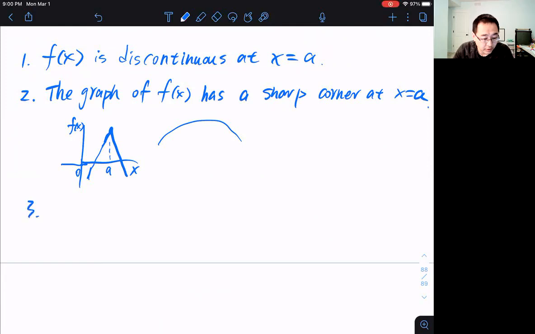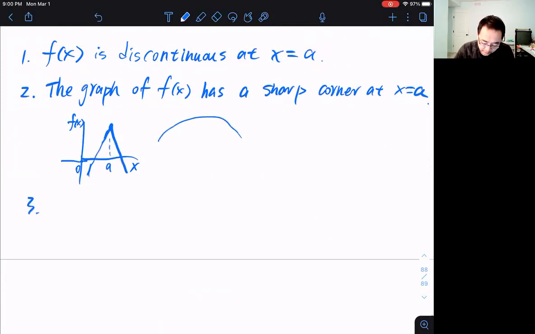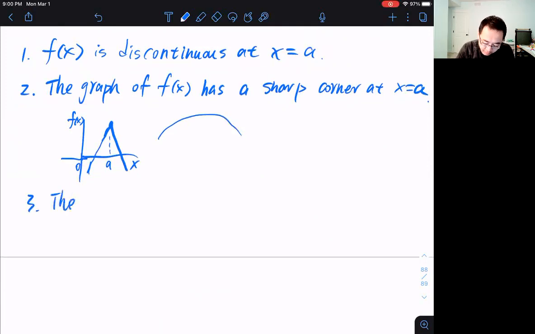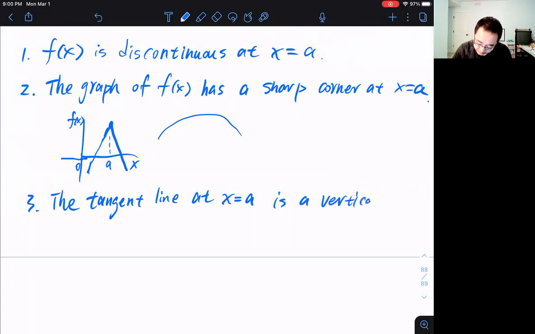Another possibility is if the tangent line, remember the derivative is really the slope of your tangent line at point x, at x equals a is a vertical line.